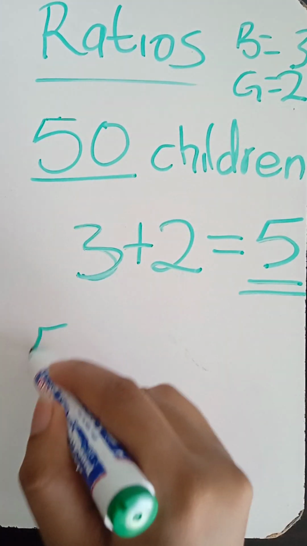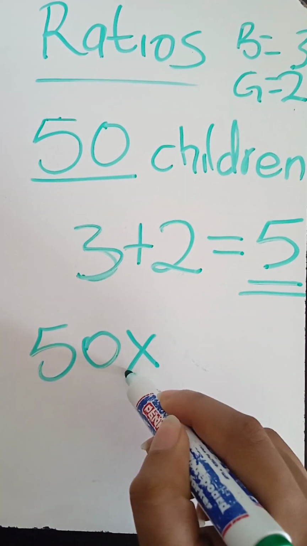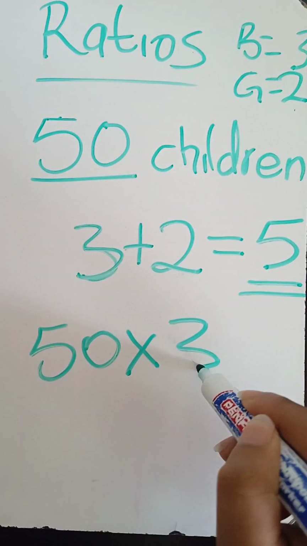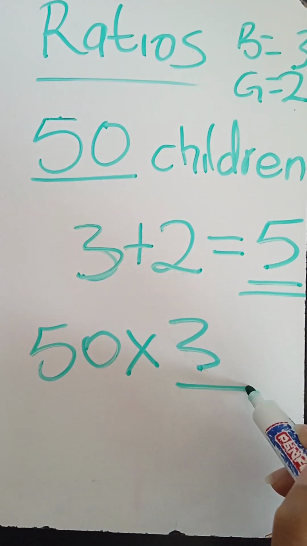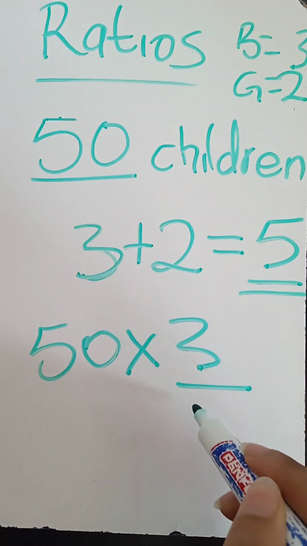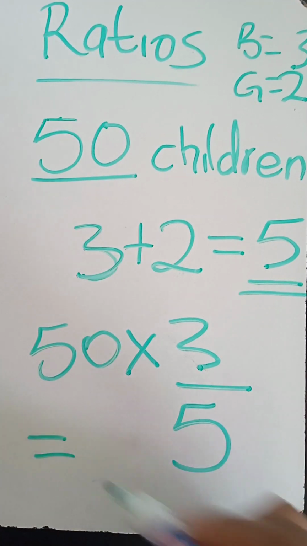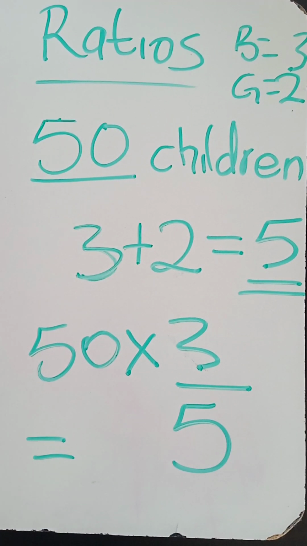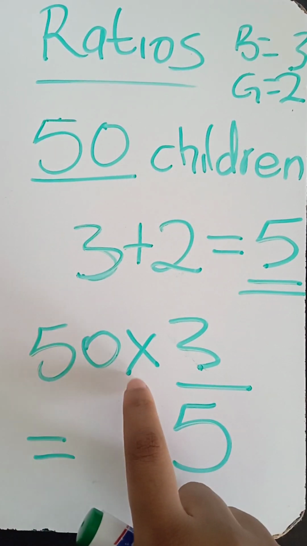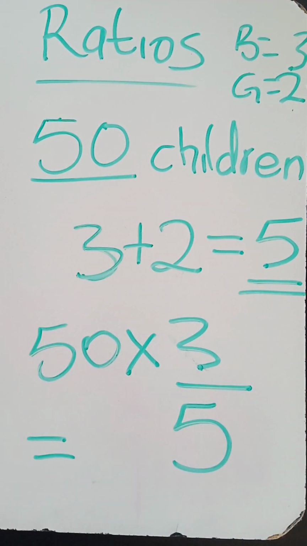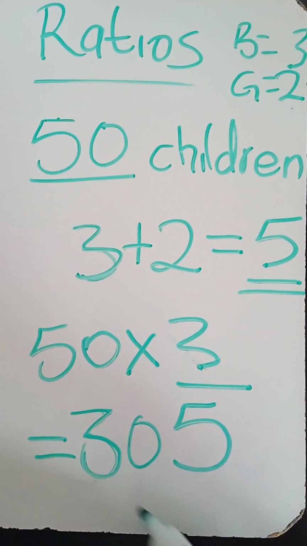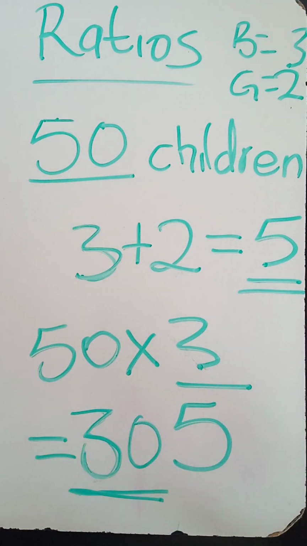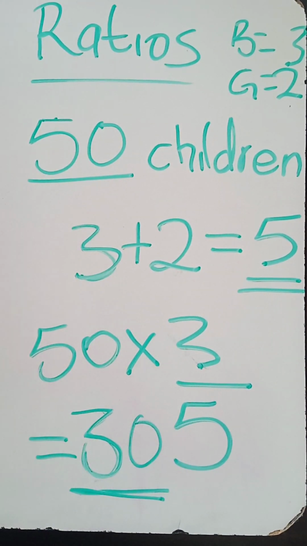So you take your 50 and multiply by 3, because you want to find the number of boys, and then you divide by the total of the ratio, which is 5. So 50 times 3 is 150, and 150 divided by 5 is 30. So you have 30 boys in your class.